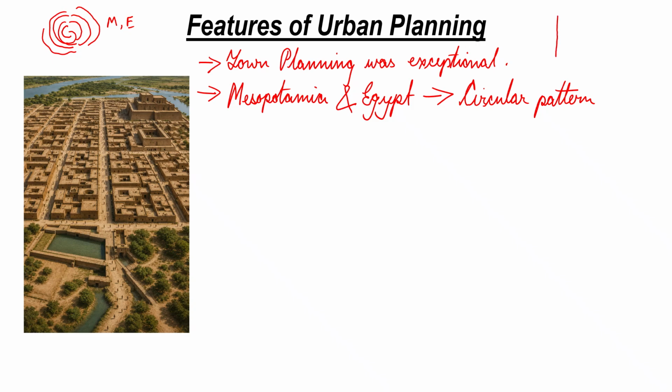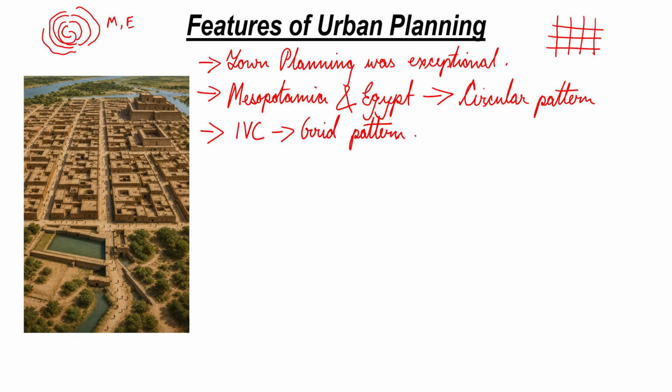Indus Valley Civilization pattern was like this. So the Indus Valley Civilization or Harappan Civilization, IVC, followed a grid pattern, and this was exceptionally important because no other civilization of the contemporary time had patterns like this.